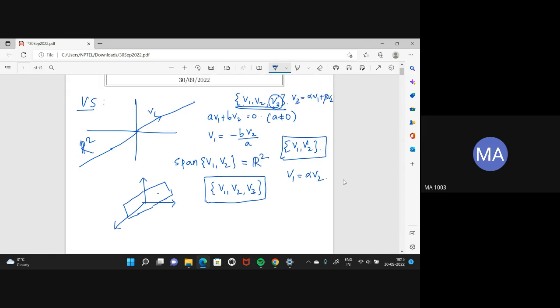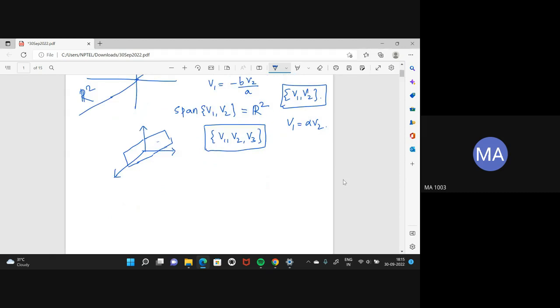Now, suppose I have three vectors, v1, v2, v3. Let's take three vectors in R3. When will this set be linearly dependent? When they lie in the same plane. At least one of them is a linear combination of the other vectors, right?